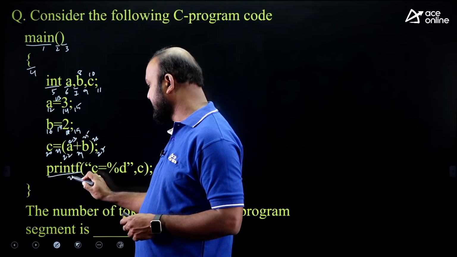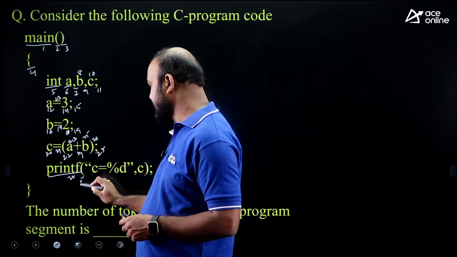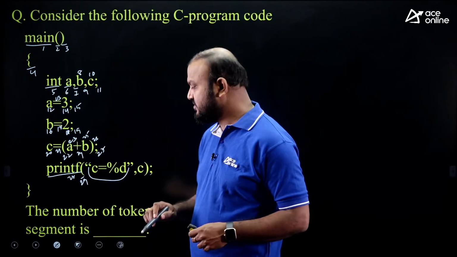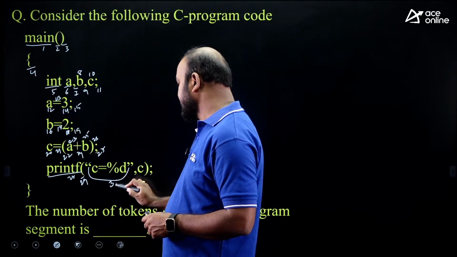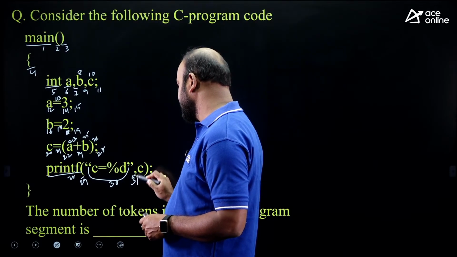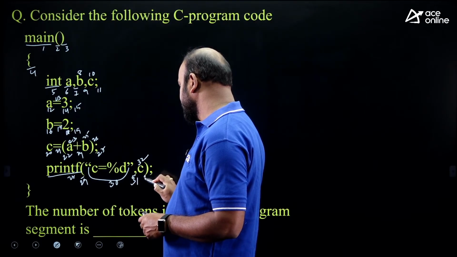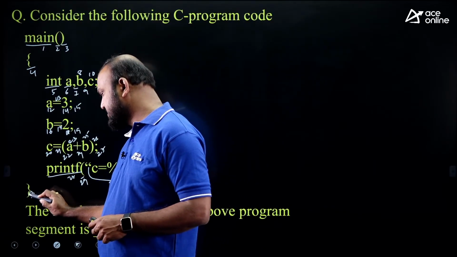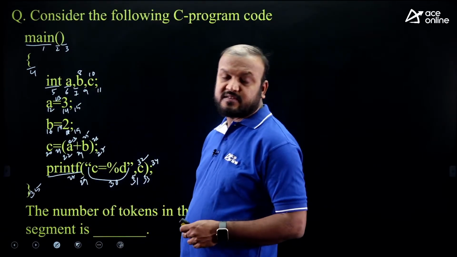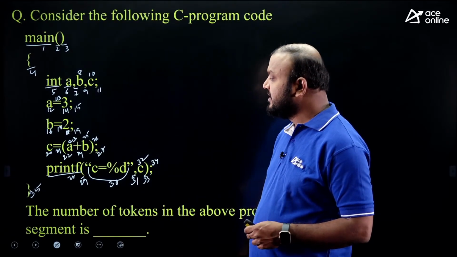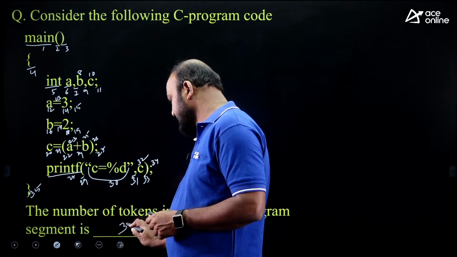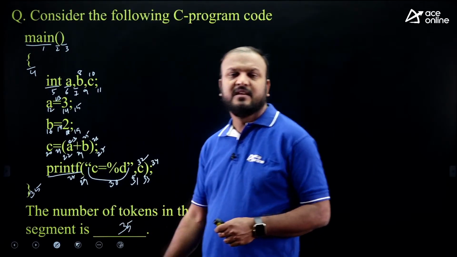Then printf is 28, opening parenthesis 29, and the entire string enclosed in double quotes is 30, comma is 31, this is 32, 33, 34, and closing parenthesis is 35. Just count carefully. There are 35 tokens in total in this program snippet.